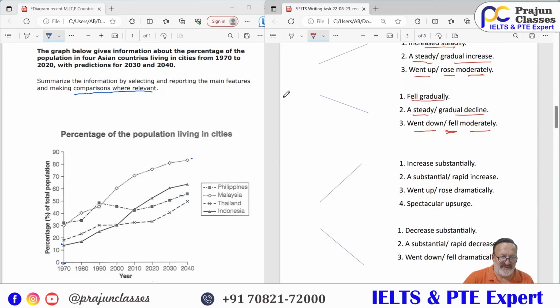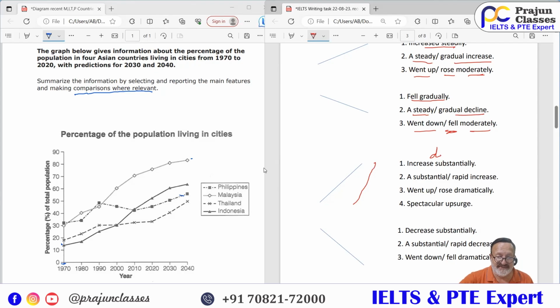Now if there is a high increase, then you can say increase substantially, a substantial or rapid increase, went up dramatically or rose dramatically, or we can even say spectacular upsurge. If suppose a line is like this, it's a spectacular upsurge.